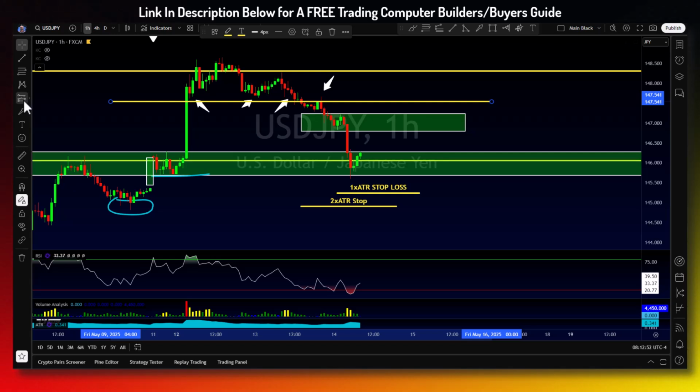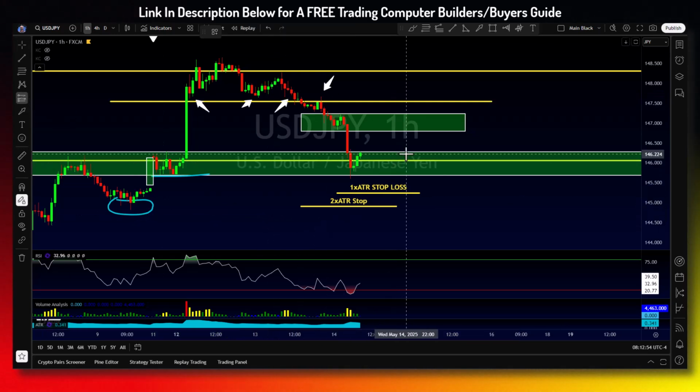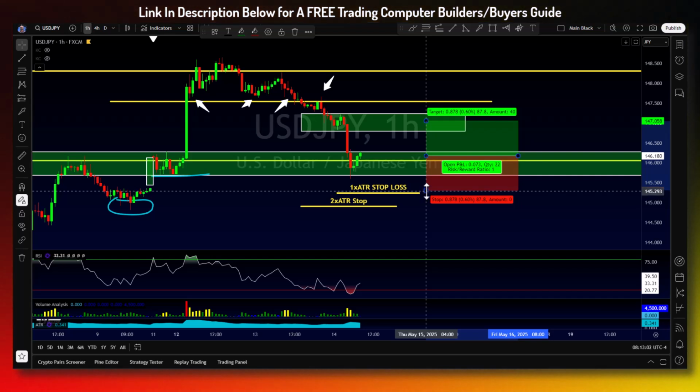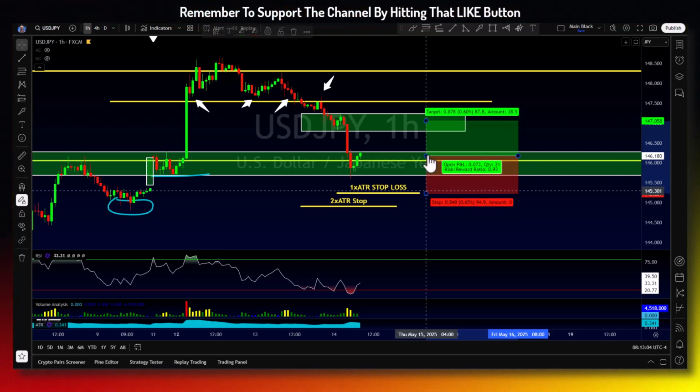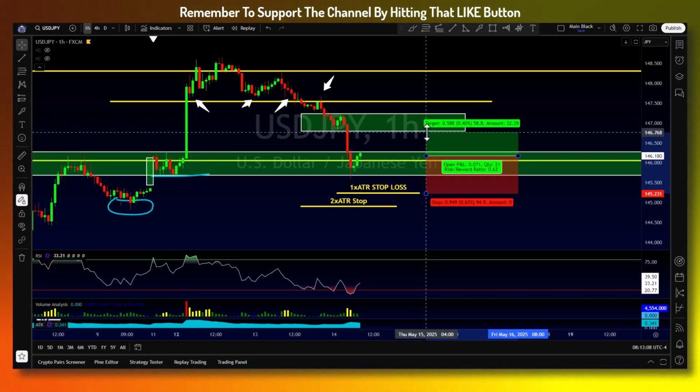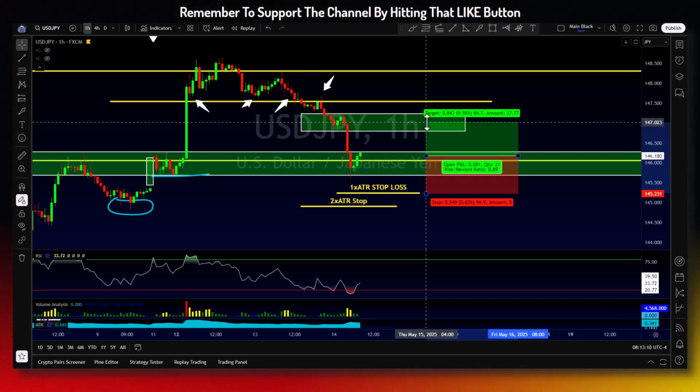So another question that we have here is, am I going to get a quality risk reward? If I enter right on the higher high, higher close of this 3-bar reversal, and if I have my stop loss even at the most conservative one ATR right there, if I'm aiming for the bottom of this zone, negative risk reward. If I'm aiming for 147 even, negative risk reward, psychological number.